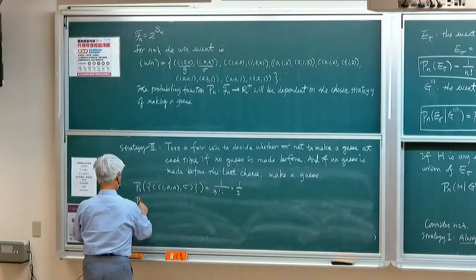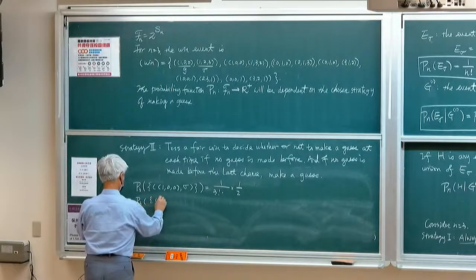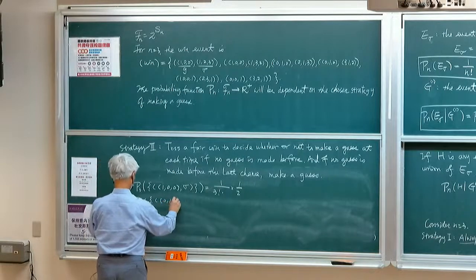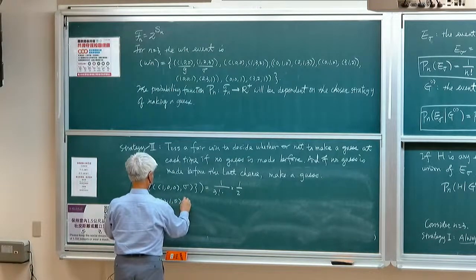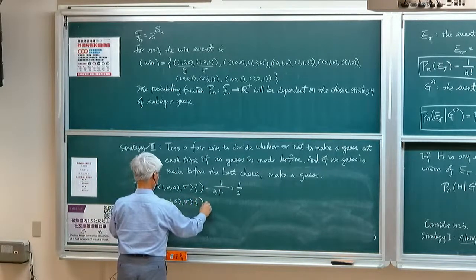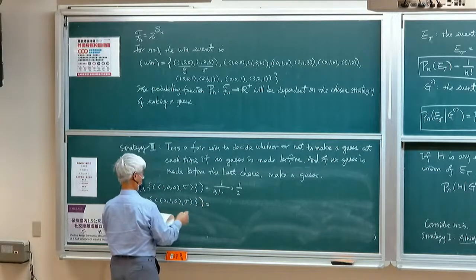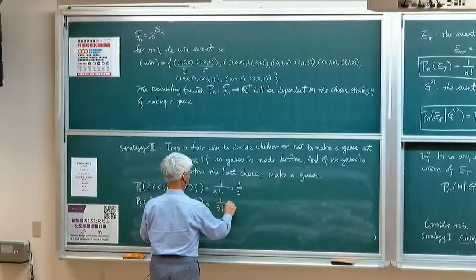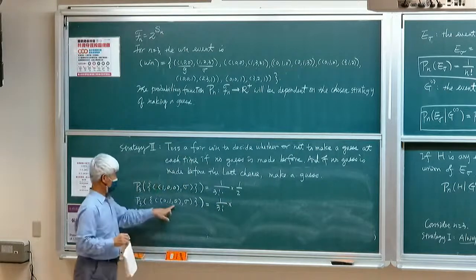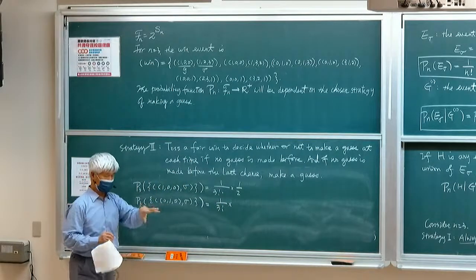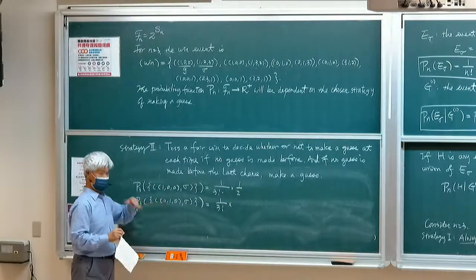And the P3, 0, 1, 0, sigma. So that would be 3 factorial times. So that means that the first coin toss is a tail.